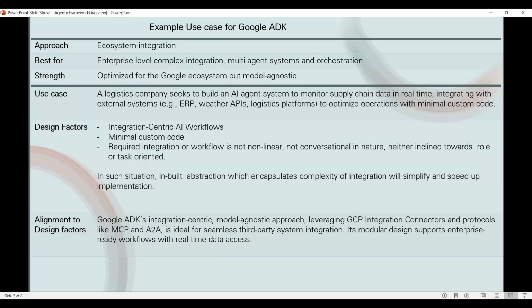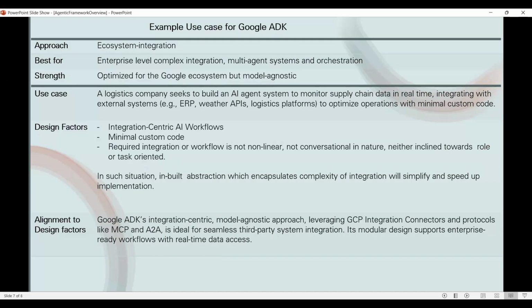Now let's go to the last use case. A logistics company seeks to build an AI agent system to mirror supply chain data in real time, integrating with external systems like ERP, weather API, and logistics platforms to optimize operations with minimum custom code.